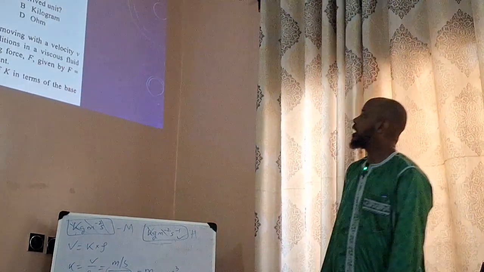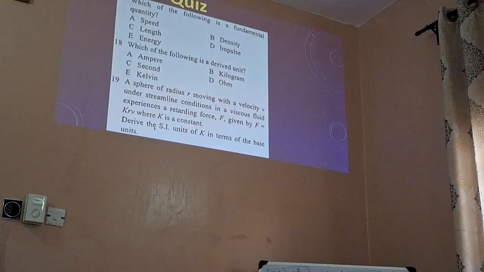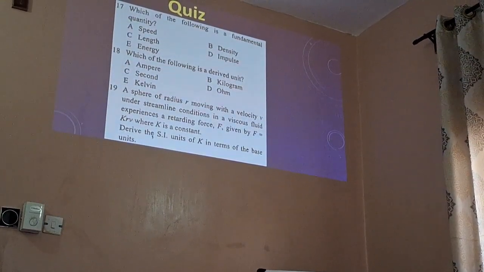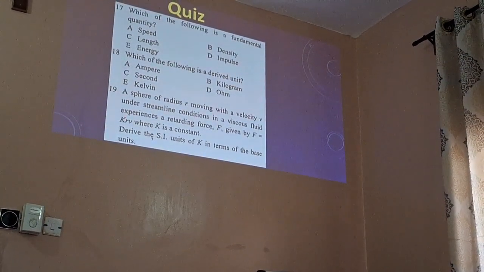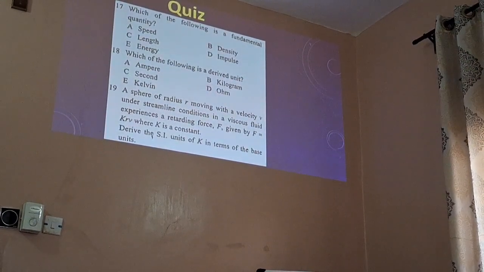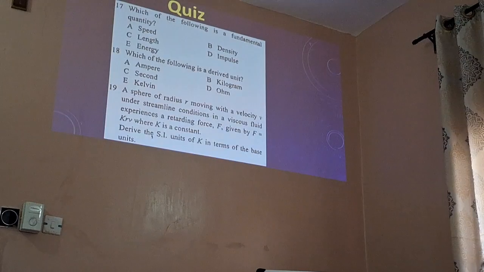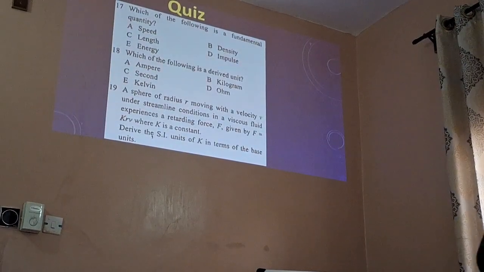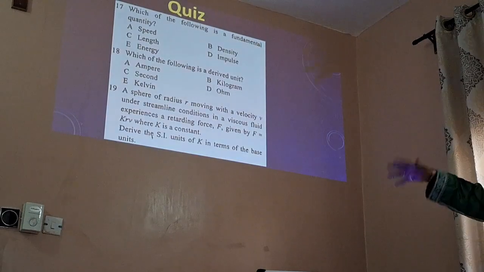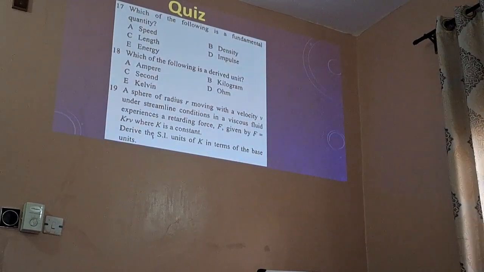Okay, now you need to work this out. It says a sphere of radius r moving with a velocity v under streamline conditions in a viscous fluid experiences a retarding force F. Don't worry about the long description, given by F equal KRV, where K is a constant.